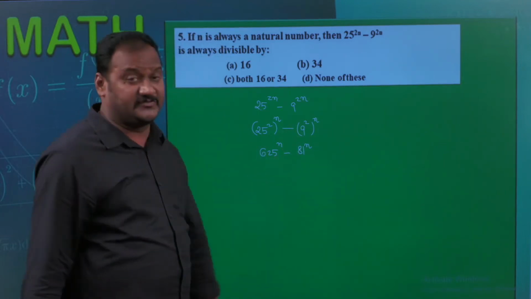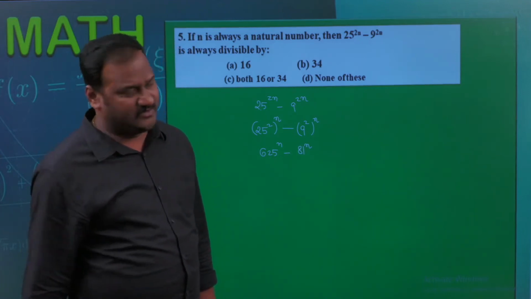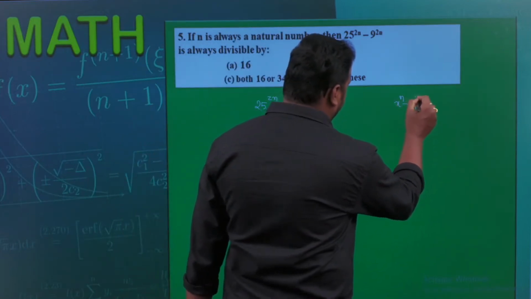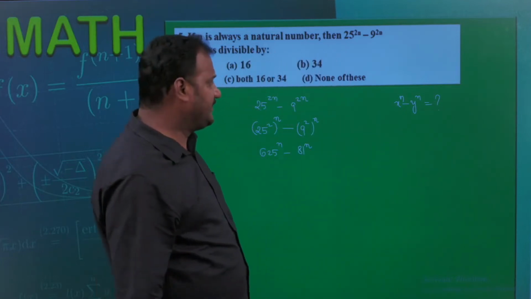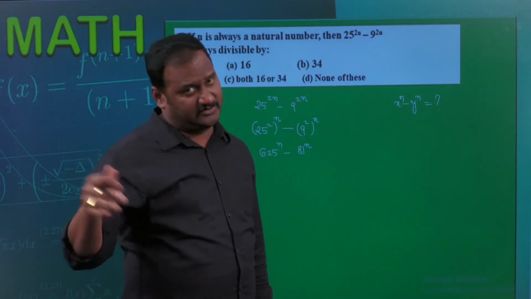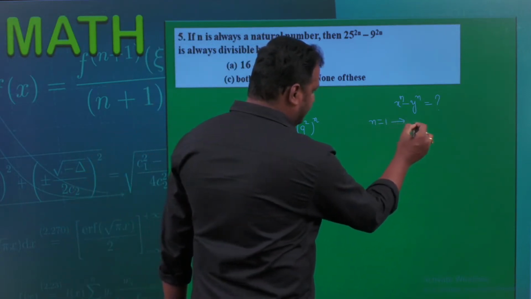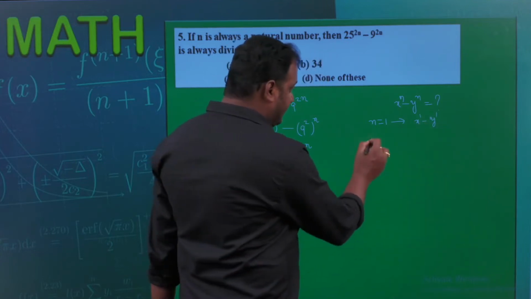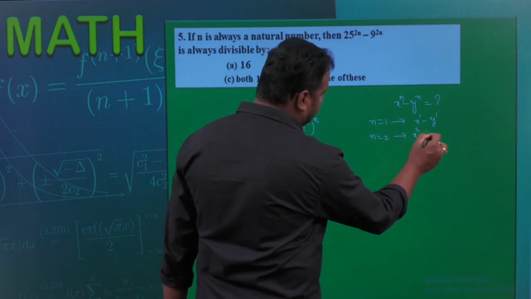Now this is in which form? X power n minus y power n. What is the formula for x to the power of n minus y to the power of n? We do not know. So let us start with n equal to 1, n equal to 2, n equal to 3. If n is equal to 1, then it is x power 1 minus y power 1. If n is equal to 2, then it is x square minus y square.